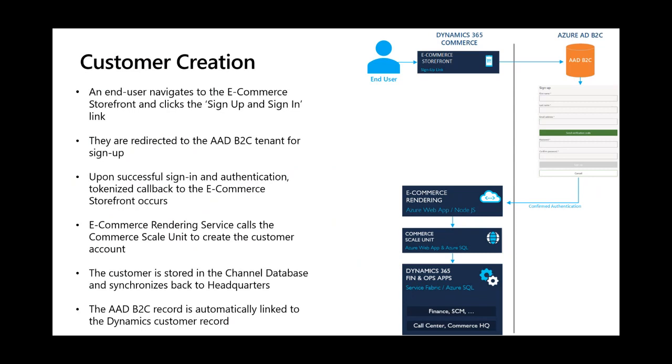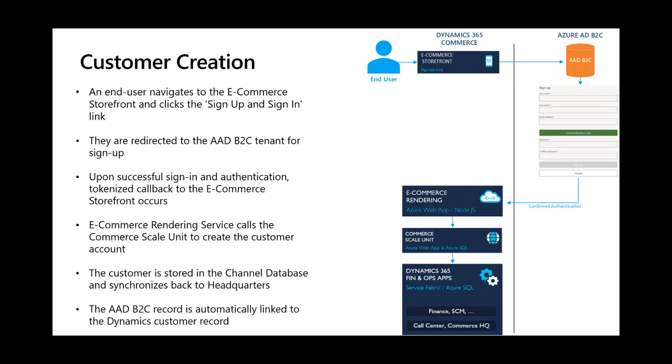Again, when an end user comes to the e-commerce storefront, they're redirected to the B2C tenant. They go through the sign-up process, and upon a successful sign-up, they're confirmed to be authenticated and redirected back to the rendering service. Now, when they're back in the e-commerce site, rendering knows to check against the commerce scale unit and enter that information.